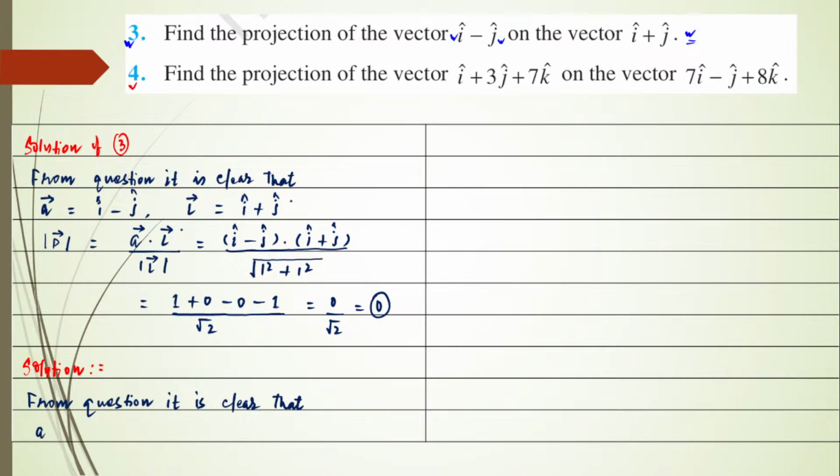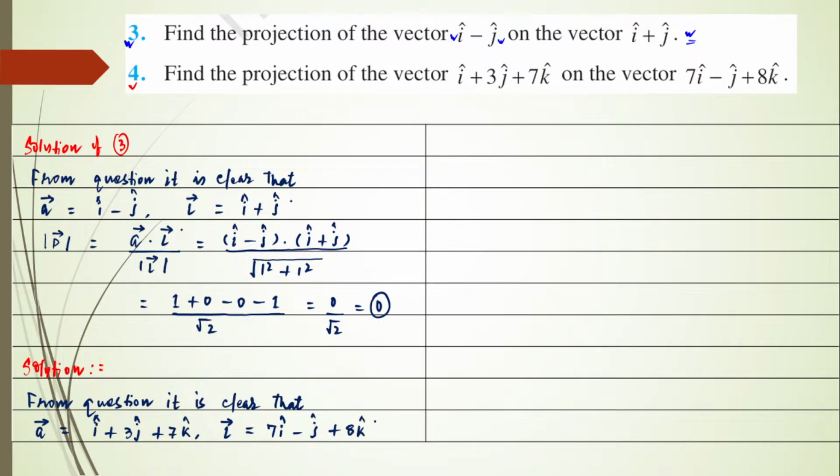vector A equals unit vector i plus unit vector 3j plus unit vector 7k, and vector L equals unit vector 7i minus unit vector j plus unit vector k.